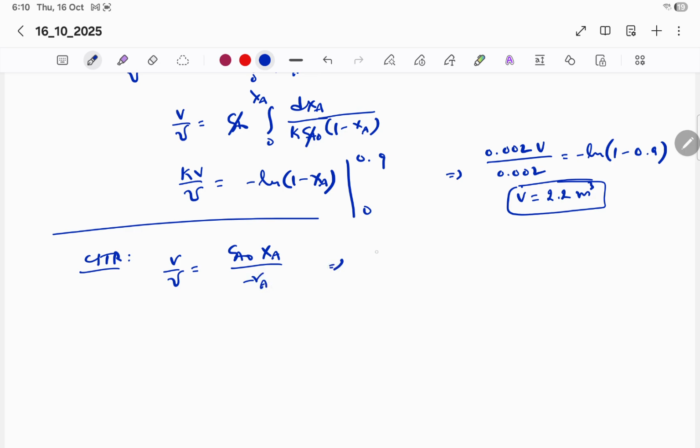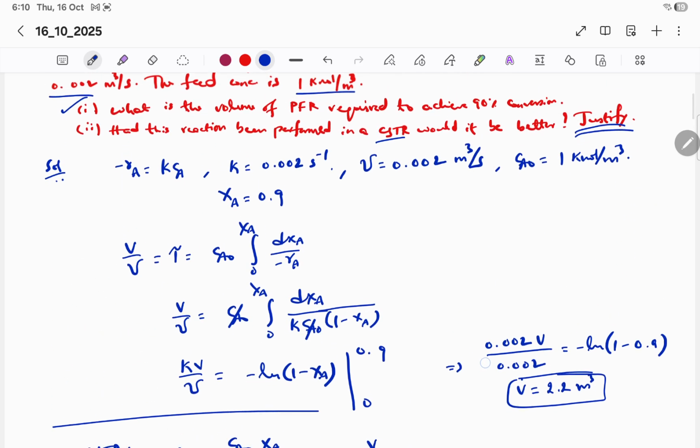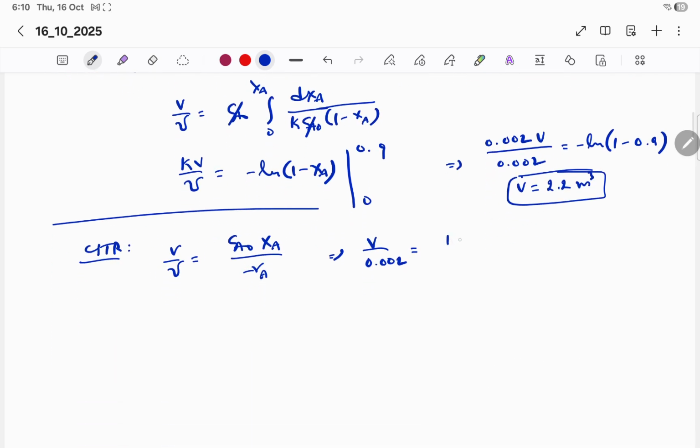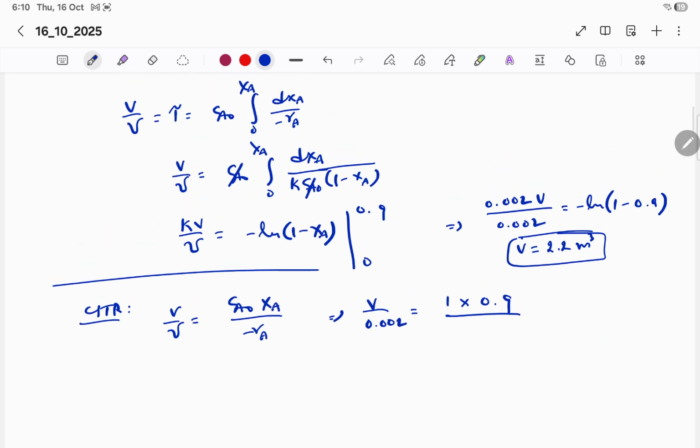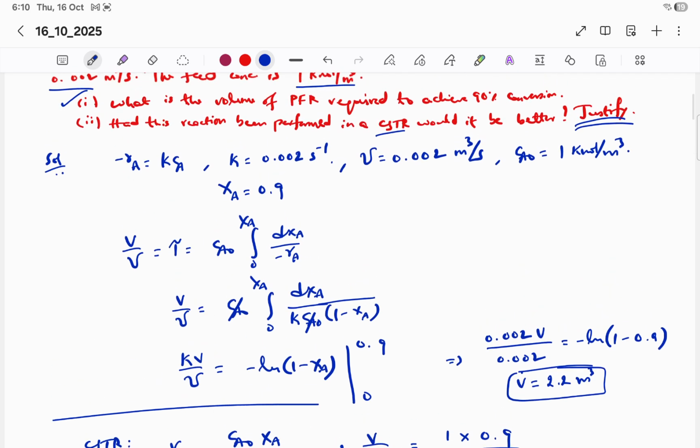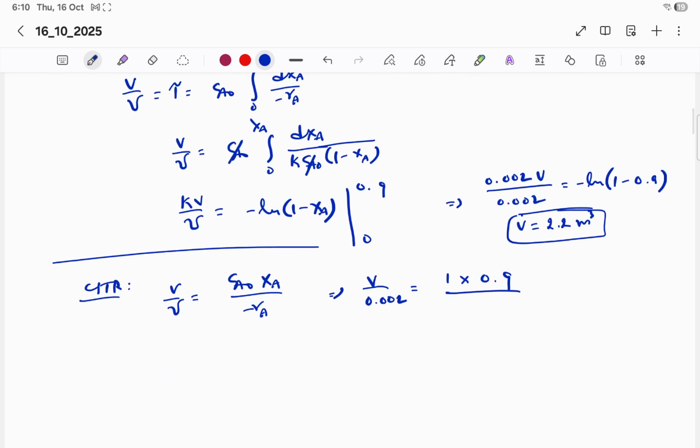So volume by volumetric flow rate 0.002 is equal to the initial concentration, 1, into the conversion 0.9, divided by k into CA. k is 0.002, CA0 into 1 minus XA, where 1 minus XA is 0.1.